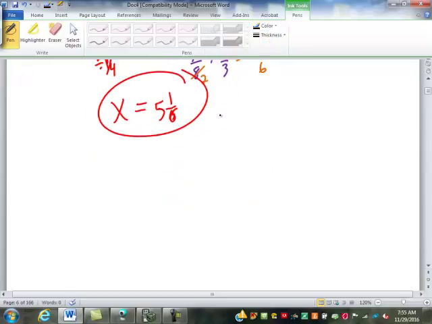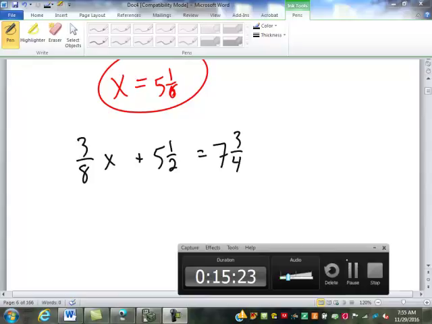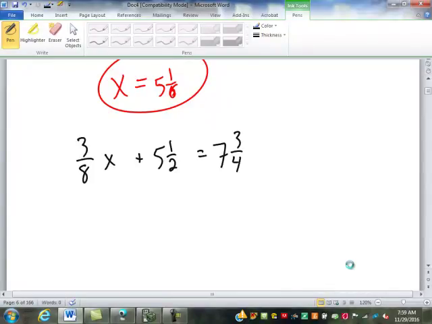So I'm going to have you guys try one. Give that one a shot in your notes. So the first step here is to subtract the 5.5.